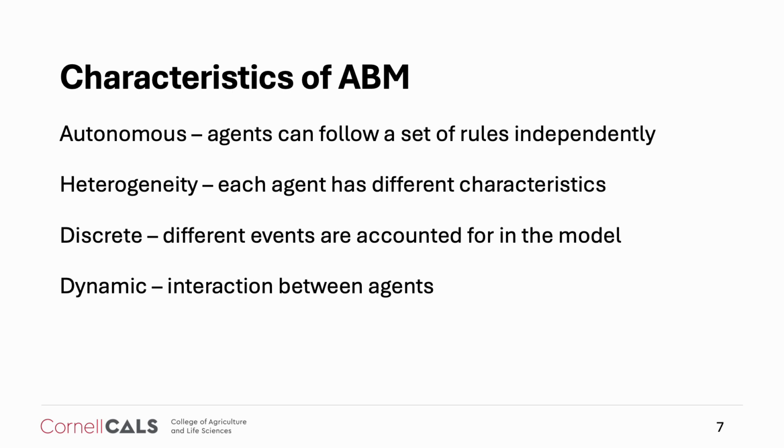ABM is also discrete in a way that different events can be accounted for simultaneously in the model. For example, pathogen introduction from incoming produce can occur while pathogen introduction from consumer to produce display shelves also occurs. And again, ABM is dynamic as it can account for interaction between agents.